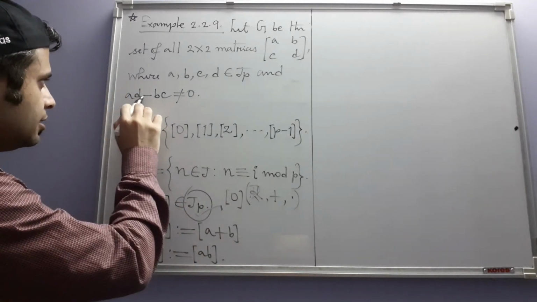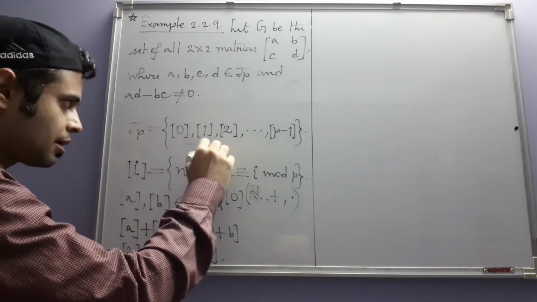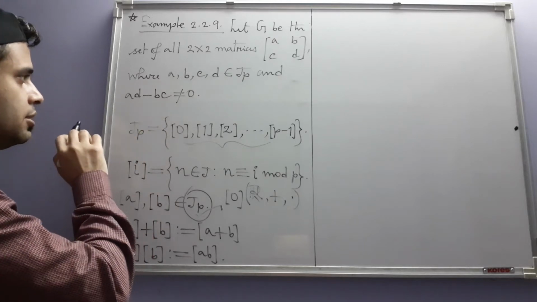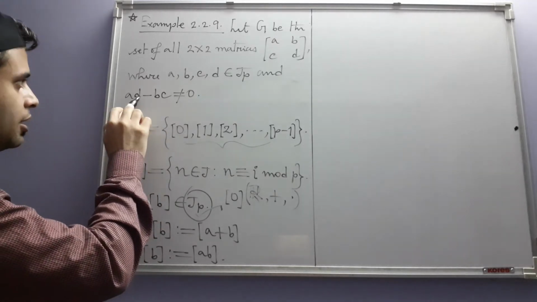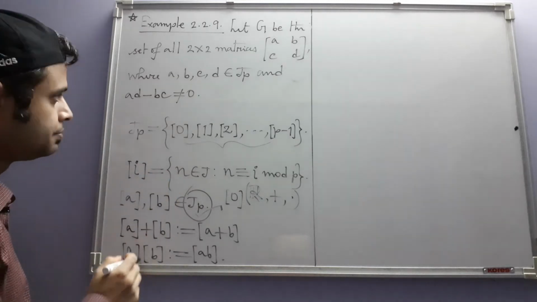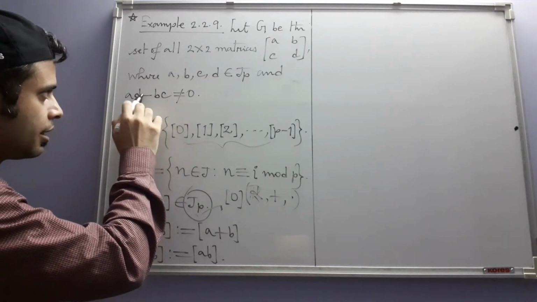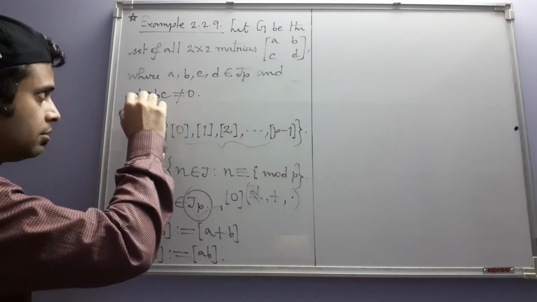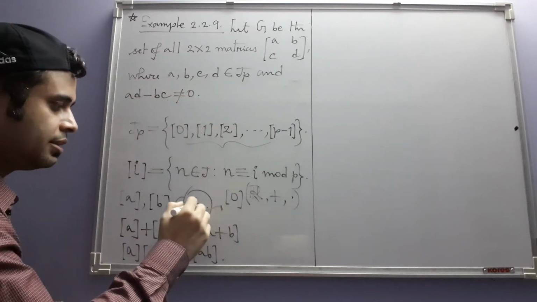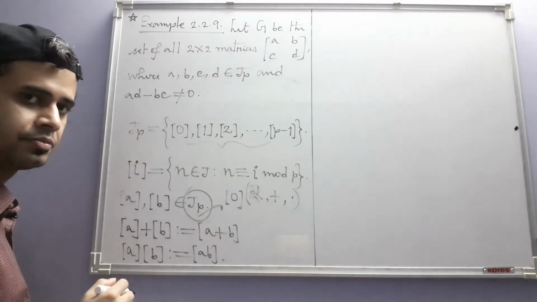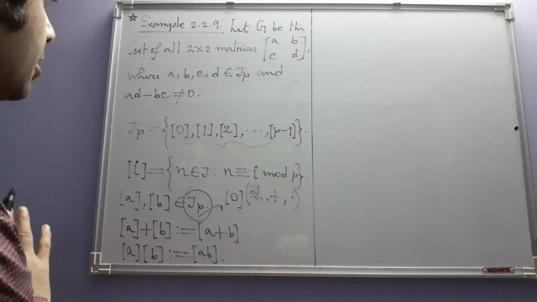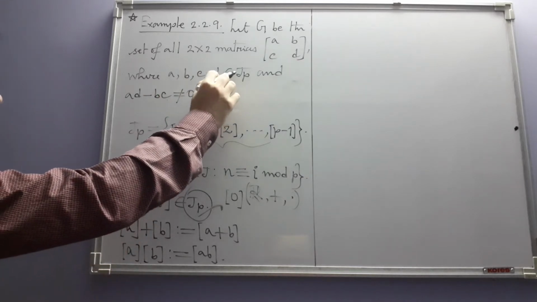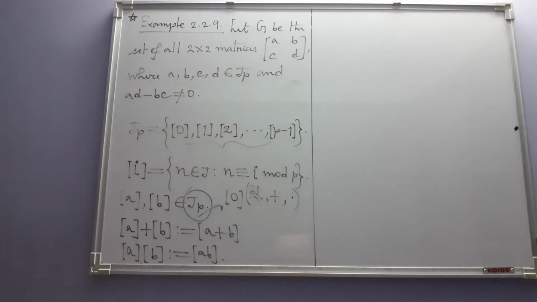That is, these A, D, B, C are elements from here, and the product of A and D is multiplication mod P. Similarly for this one, and minus BC is the additive inverse of the congruence class BC in the system JP. So that's how we should interpret all these things in terms of the elements and operations in JP.